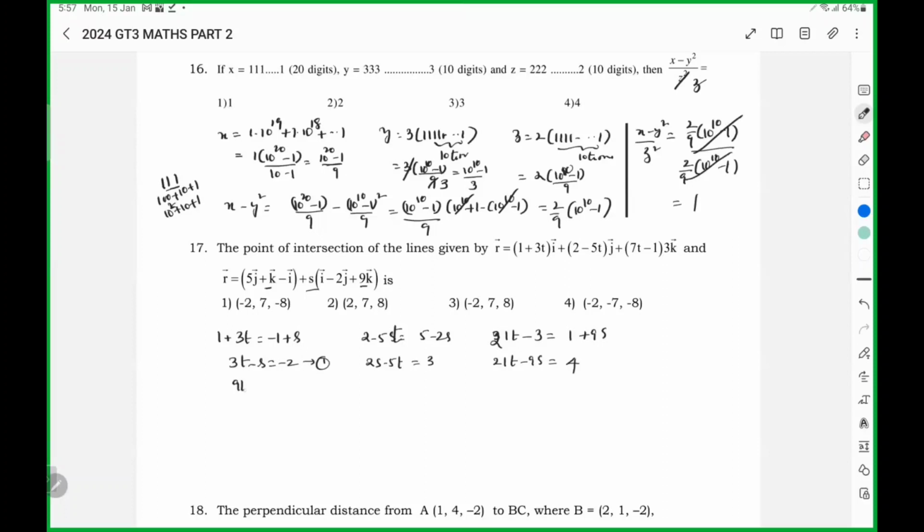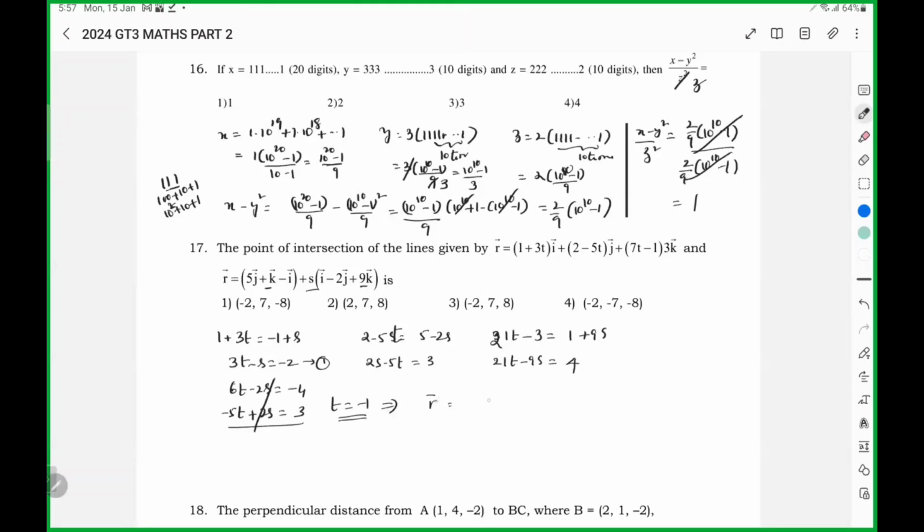So here it is 90 minus 3s is minus 2, 21t minus 9s. So 2s is there, minus 5t plus 2s, t is equal to minus 1.